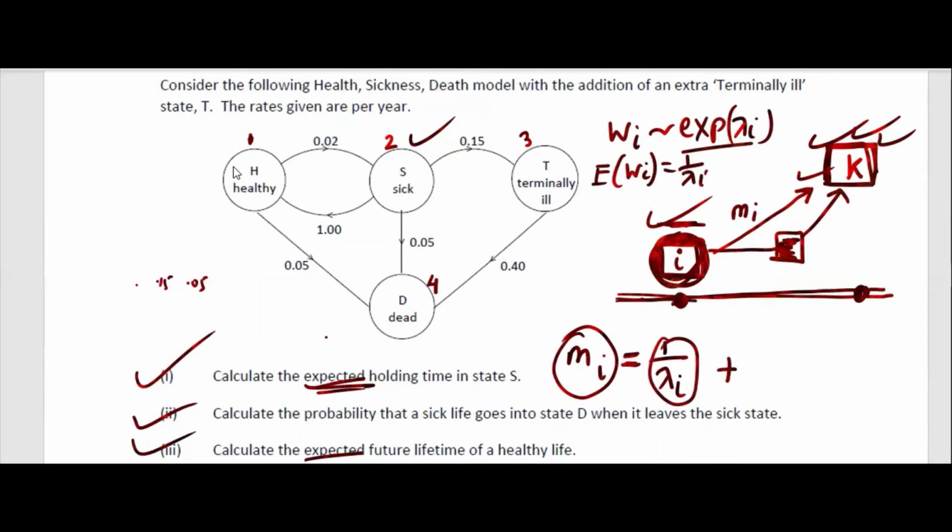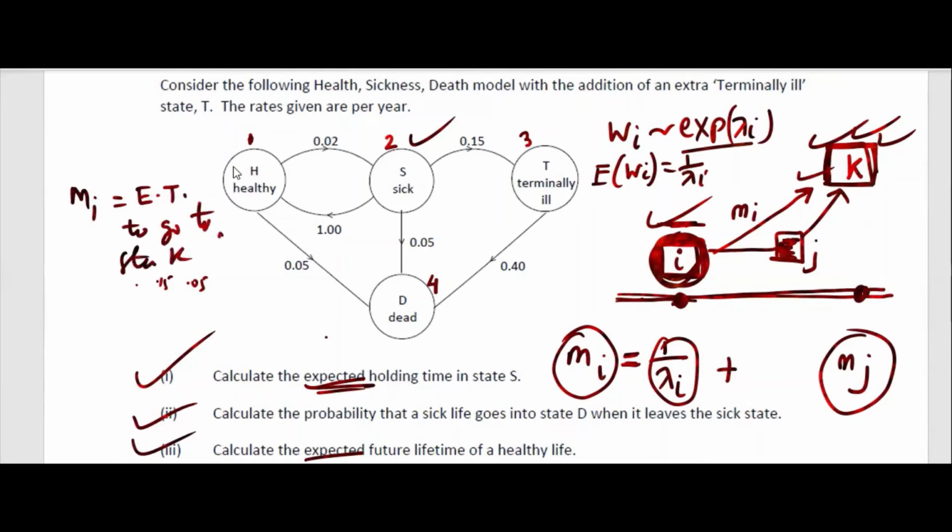Then, considering that I will leave, I will go somewhere, say state j. What is the probability that I will go to state j? Again mj, because mi is the expected time to go to state k from state i.